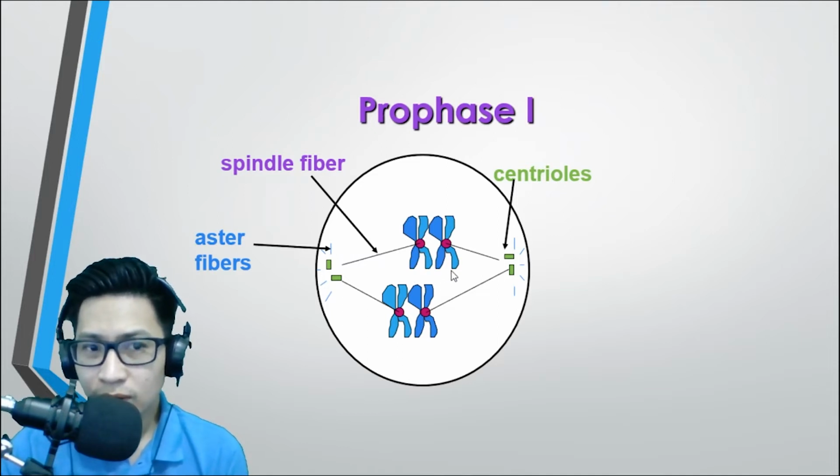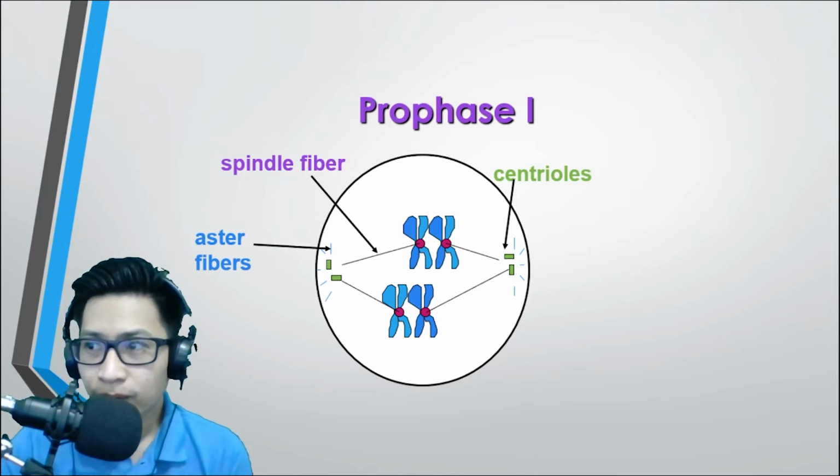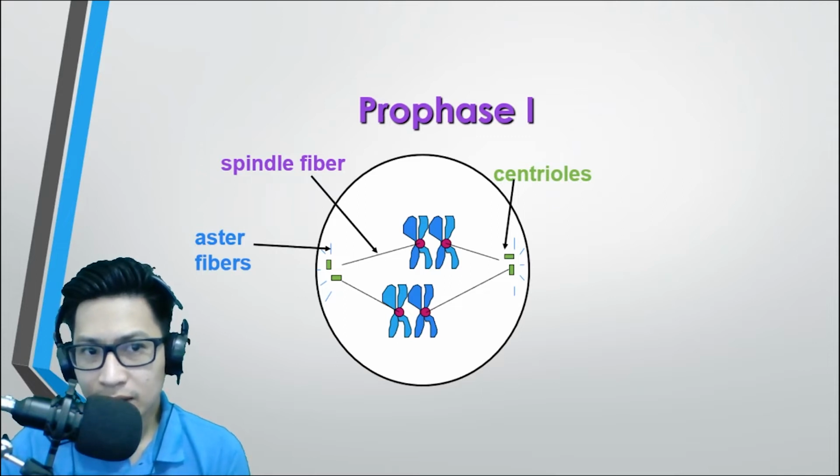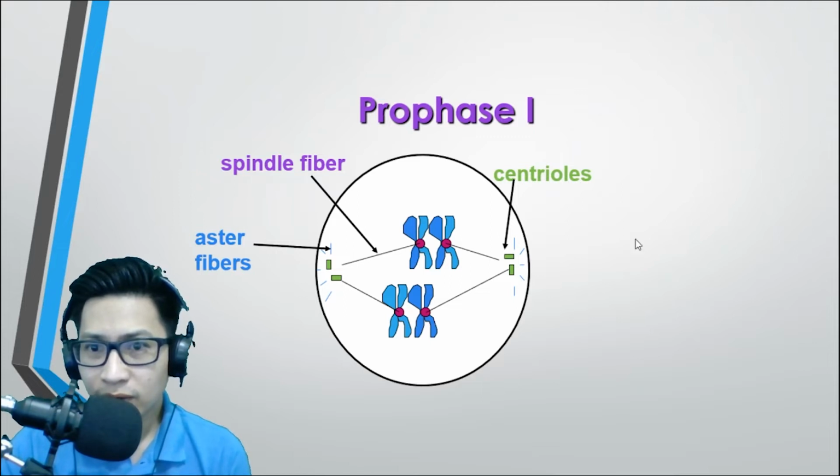And also, what is important is that the location of their locus is also the same. This is important for the crossing over.